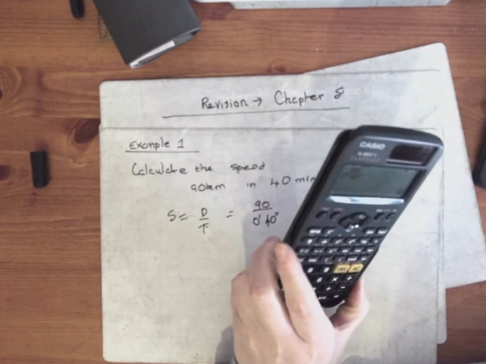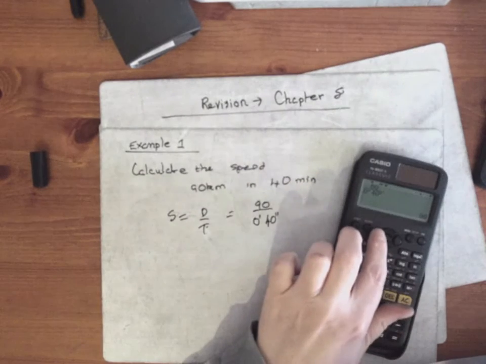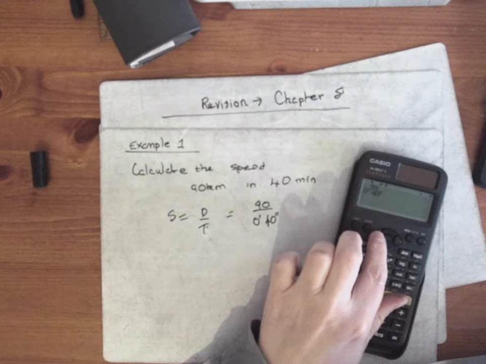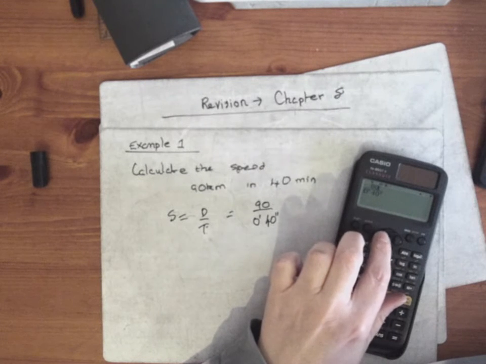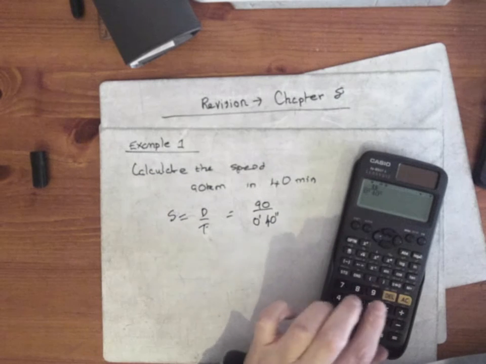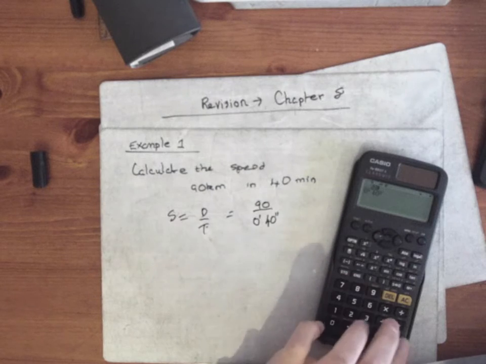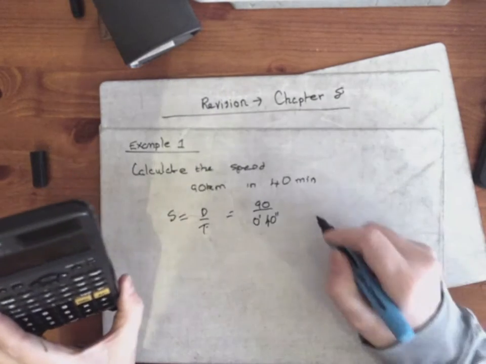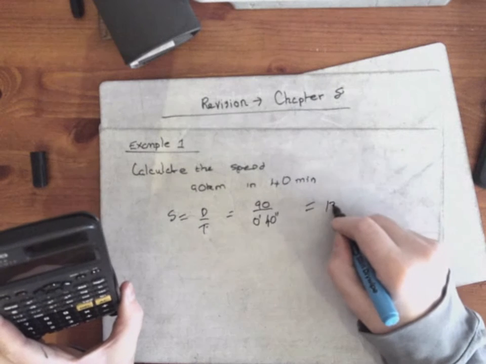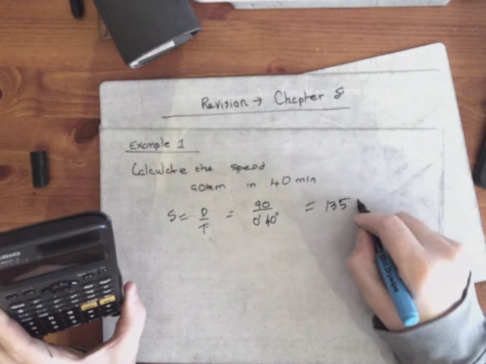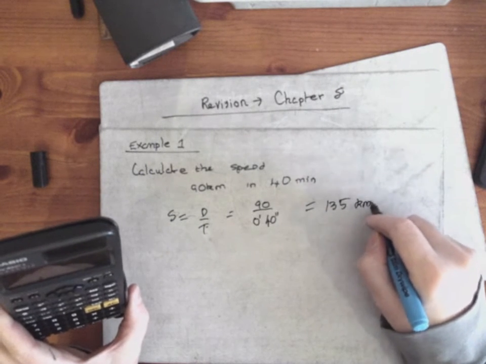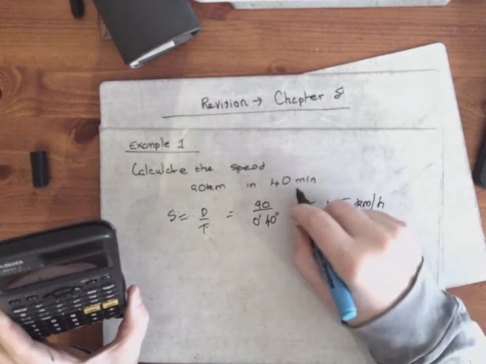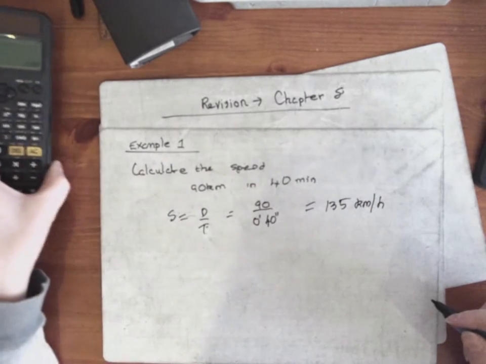I typed it in wrong. On top I should have 90, I wrote 60. So that's 135 kilometers per hour. So I turned the 40 minutes into hours using that button.